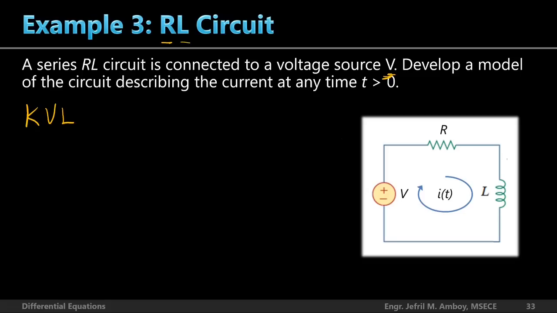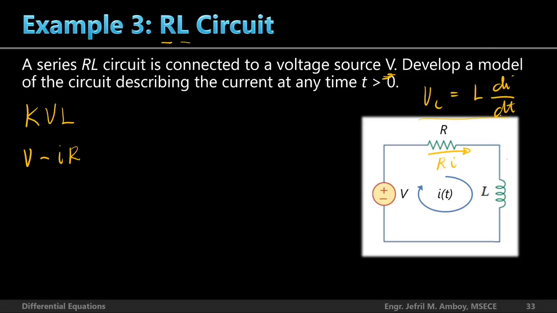Okay? So now let us formulate the differential equation. Here, the voltage is V, and then minus the voltage drop, which of course is the product of the current and the resistance. V is equal to IR, according to Ohm's law, right? So that is I times R. How about the voltage drop in an inductor? In an inductor, the voltage drop, VL, is equal to L, the inductance, times di over dt. Take note of this.